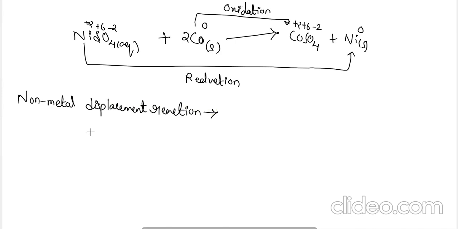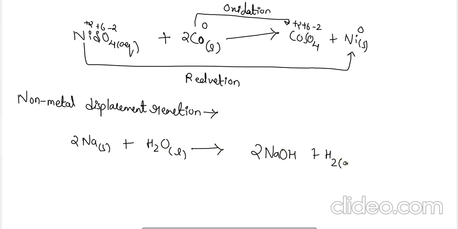In the non-metal displacement reaction, all alkali metals and some alkaline earth metals, which are good reducing agents, will displace hydrogen from cold water. Highly reactive metals will displace hydrogen from cold water. For example, Na reacted with water forms 2NaOH plus H2 gas is released.